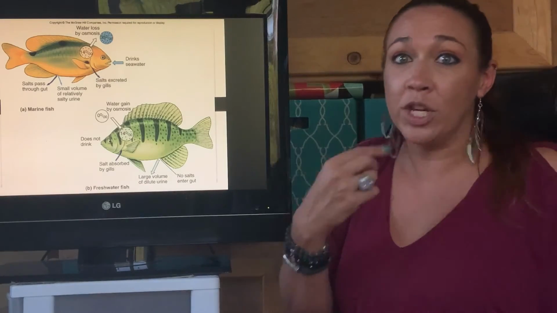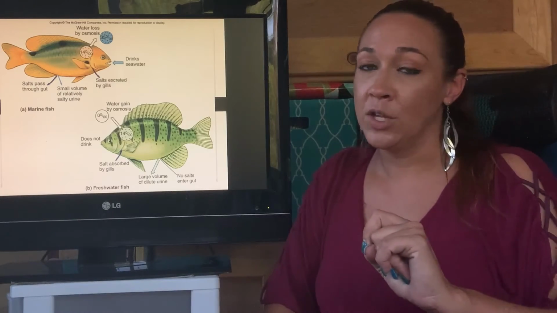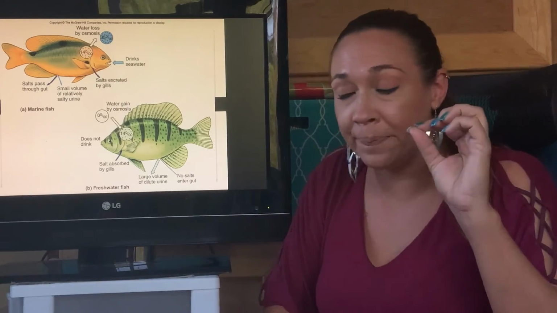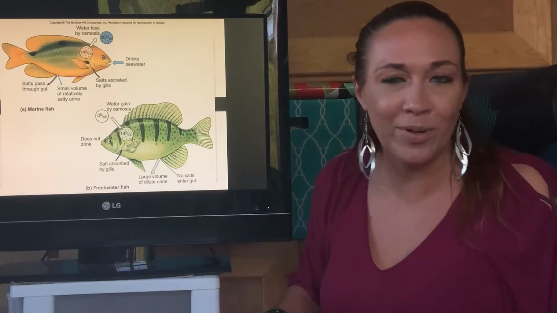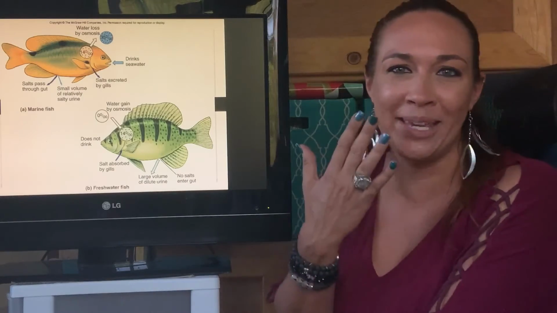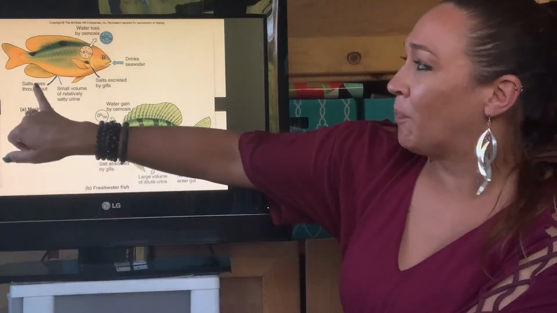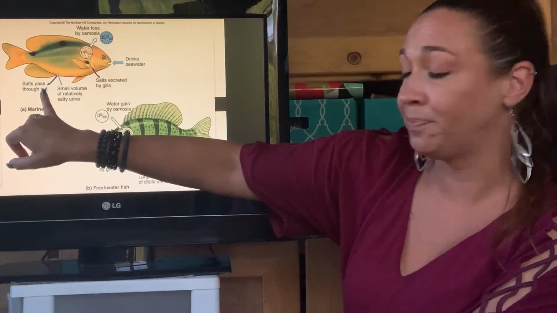So he's going to keep drinking water, and he's going to be peeing out only the salt. So it's going to be very, very minute bits of concentrated salty pee. I know, but we're talking science, so let's call it urine. And you guys are like, she said pee. Anyway, so we're going to get rid of all the salts that we can while keeping whatever water we can.